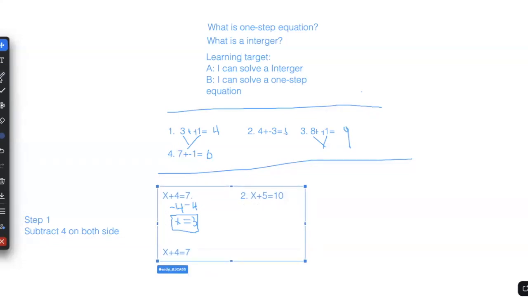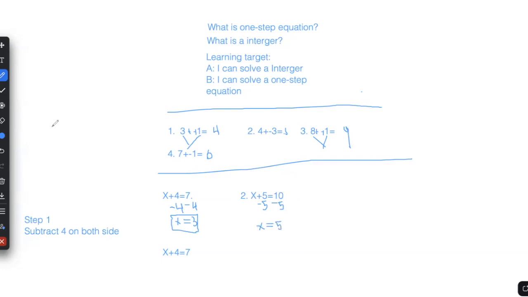so now what I'm going to do is subtract 5 on both sides. x is going to be equal to 5. Okay.